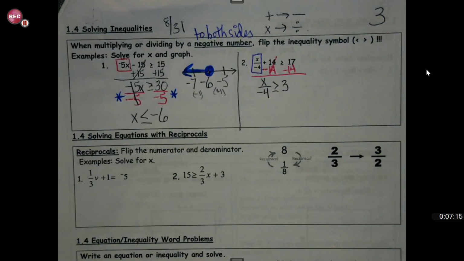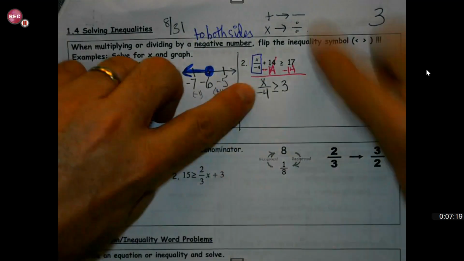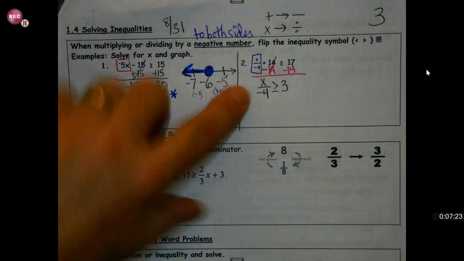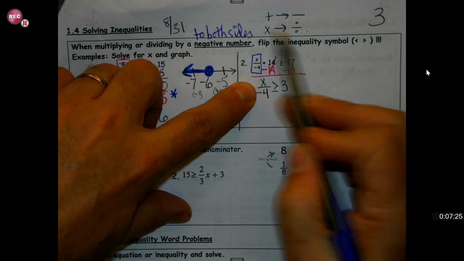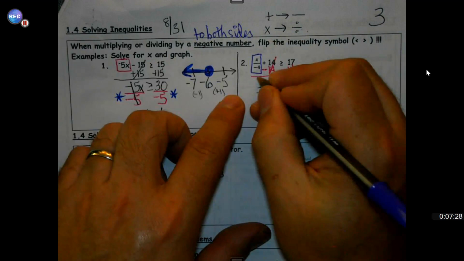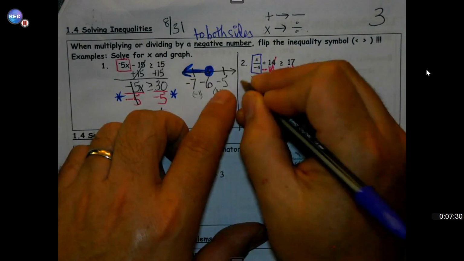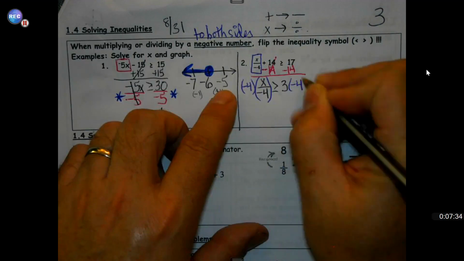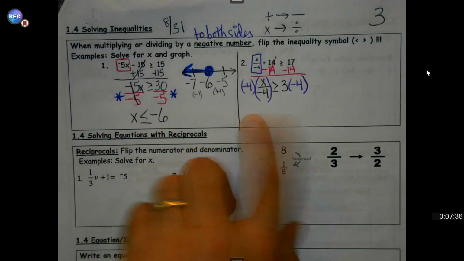Now remember, fractions are dividing. This is this. So when you're doing an opposite, the opposite of divide is to multiply. And this is where some of you, when I was walking around yesterday, I don't want to put times 4 times 4.